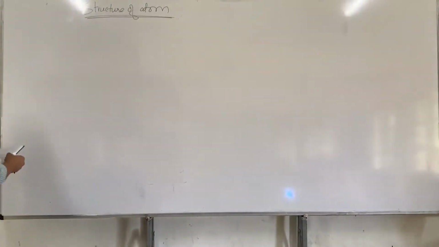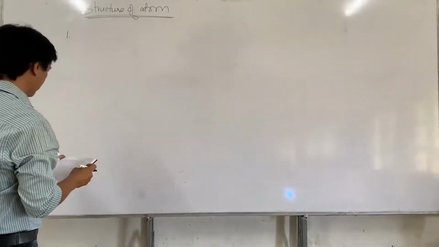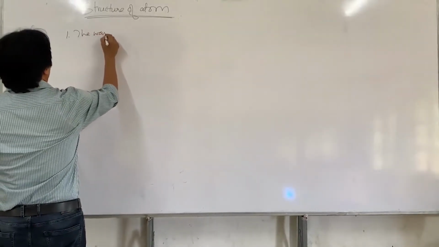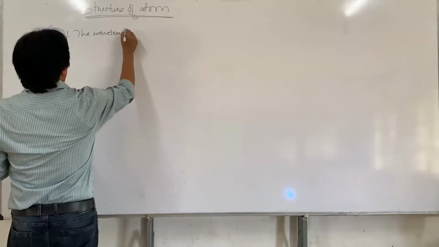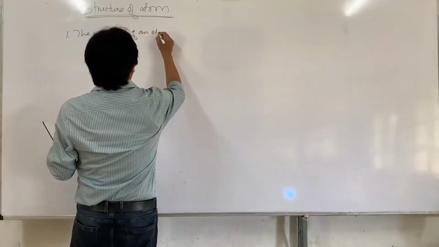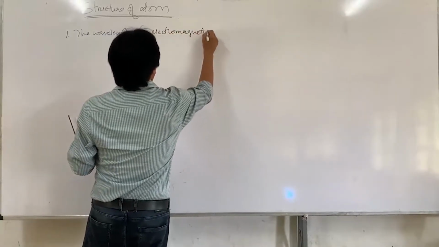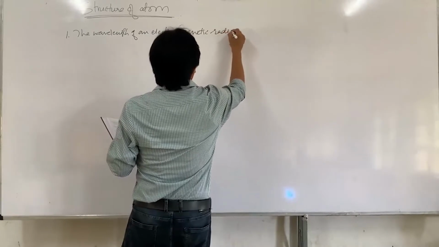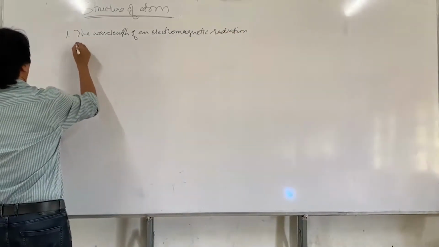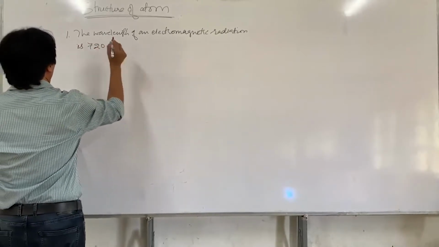Alright, the very first problem I have for you is: the wavelength of an electromagnetic radiation is 720 nanometers.